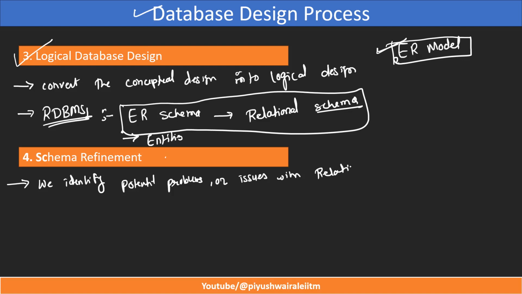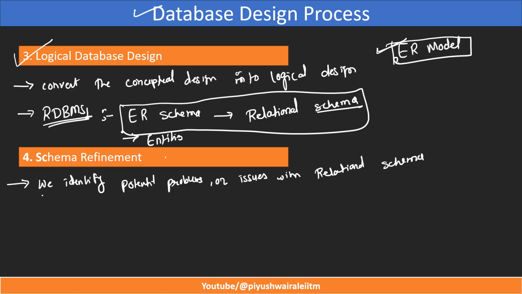Okay. So sometimes what happens, once we develop the relational schema, suppose in a particular table we have more than say 15 or 20 attributes, and while we are updating it, it causes anomalies. There are different types of anomalies, like update, deletion, and insertion. These types of anomalies can occur when we are storing so many attributes in a particular table.